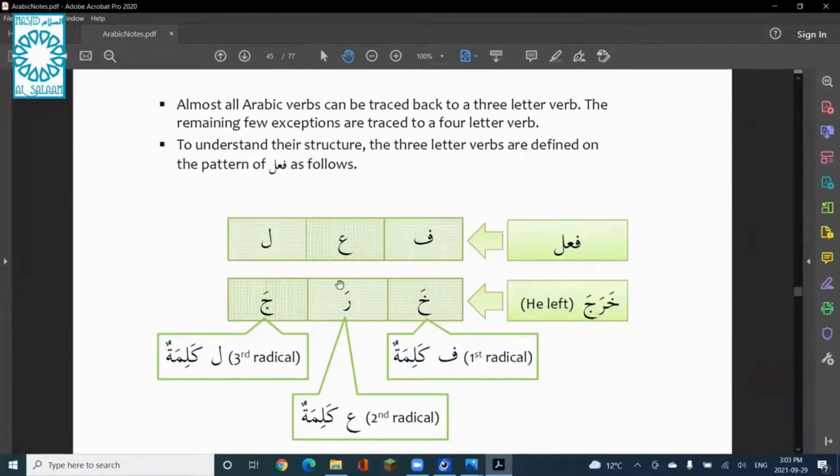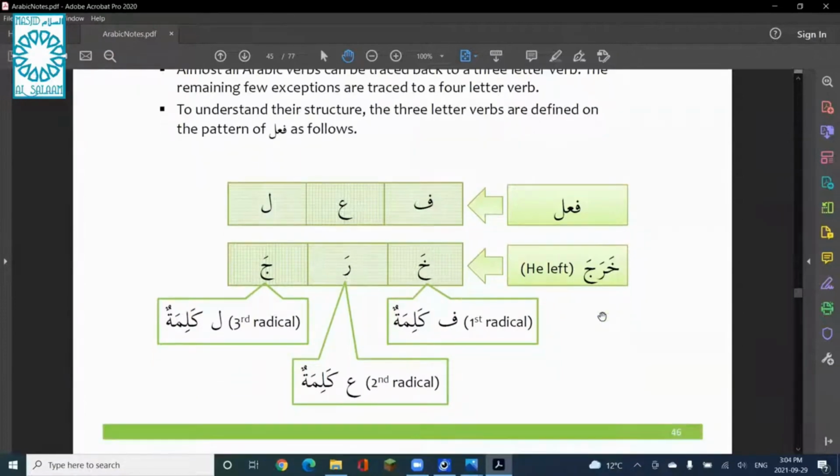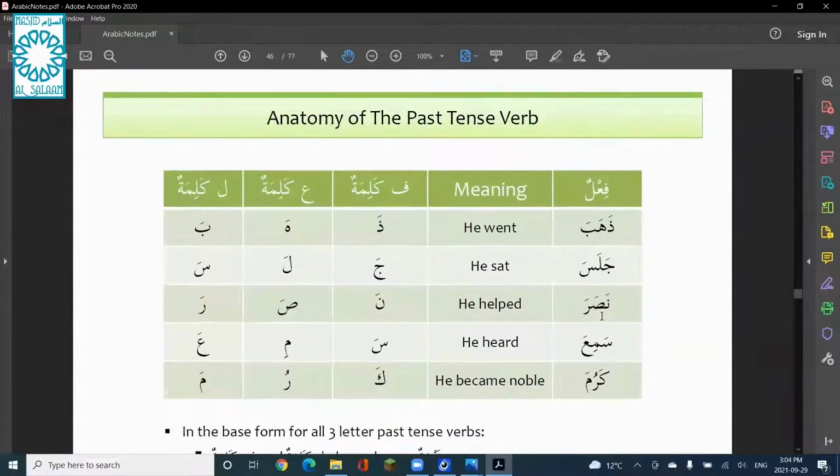Ra is in the position of the ain letter, and ja or jim is under the position of the lam letter. That's why they're known as fa kalima, ain kalima, and lam kalima. So this slide should help you understand better what I'm talking about.